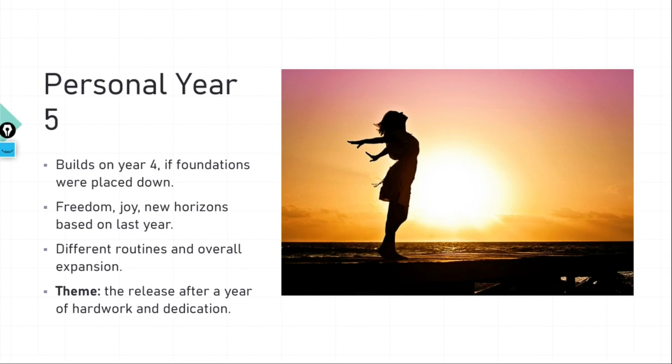If it's a 3 year, anything goes in a 5 year, but it is about freedom essentially, and this will mean different things to different people. Freedom will mean all kinds of different things. It could be freedom from a partner that you don't want to be with anymore. It can be very different, but essentially 5 is a freedom year of joy, and basically seeing things from quite a different point of view in a 5 year.